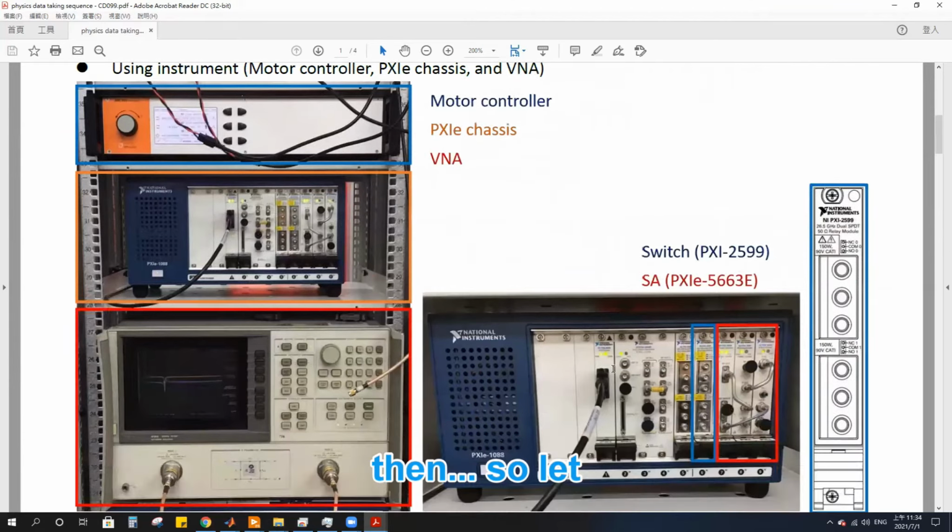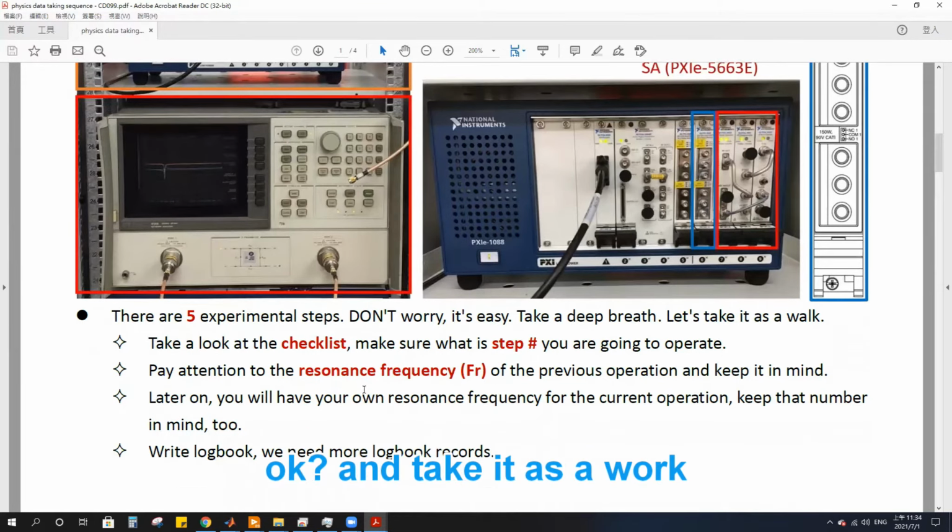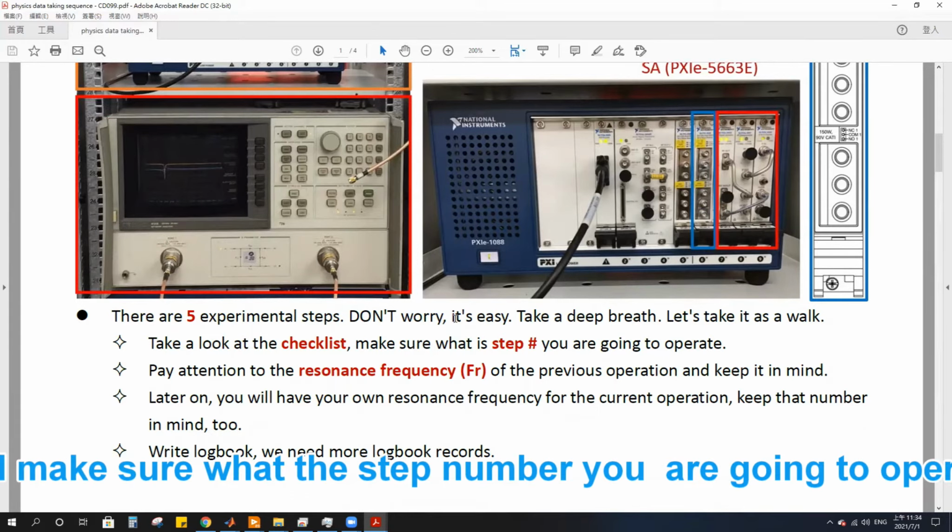Okay, then let's start to go through the list. There are 5 experimental steps, and don't worry, right now the experiment is very easy, so just take a deep breath. Make sure you are sober, okay, and just take it as a walk. So first thing, look at the checklist and make sure what step number you are going to operate.